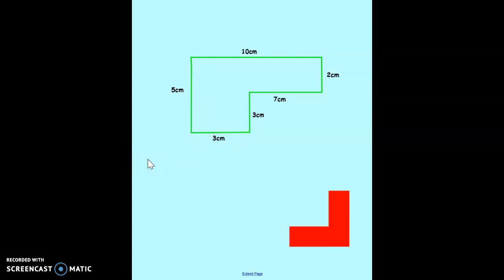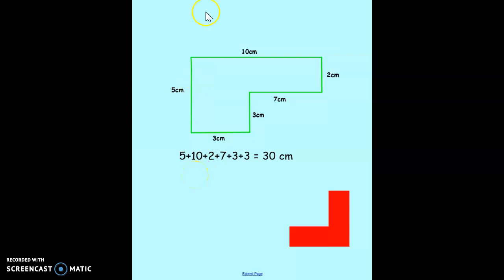So the perimeter is 5 plus 10 plus 2 plus 7 plus 3 plus 3, all centimeters. 5 and 10 is 15, add 2 is 17, add 7 is 24, add 3 is 27, add 3 is 30. 30 centimeters. So the perimeter of that compound shape is 30 centimeters.